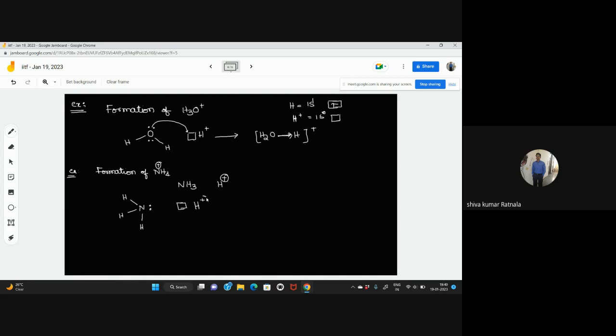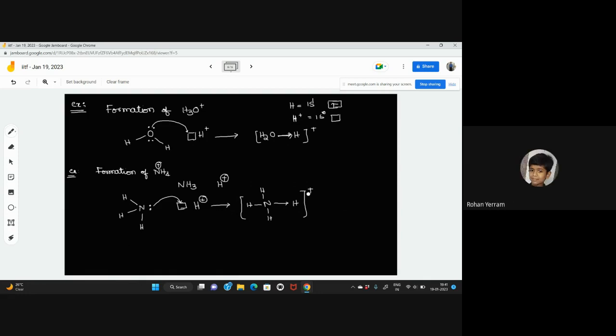Now this lone pair is given to this hydrogen. So from nitrogen to hydrogen the electrons are given, and the charge we take as +1. So nitrogen is giving the 2 electrons, sir. Yes.